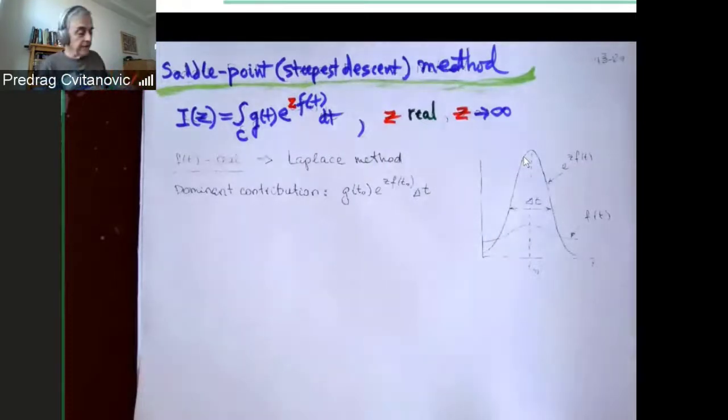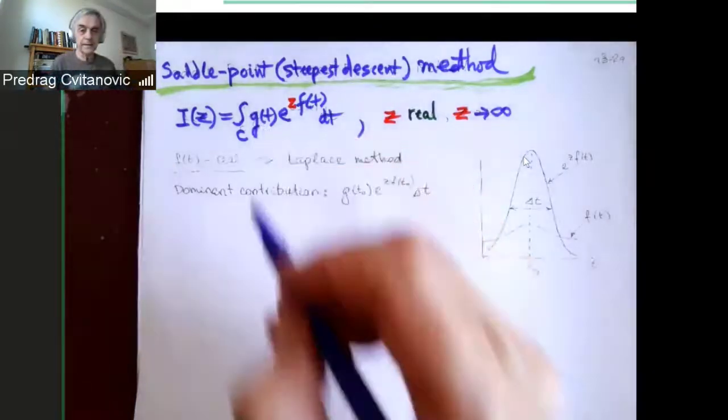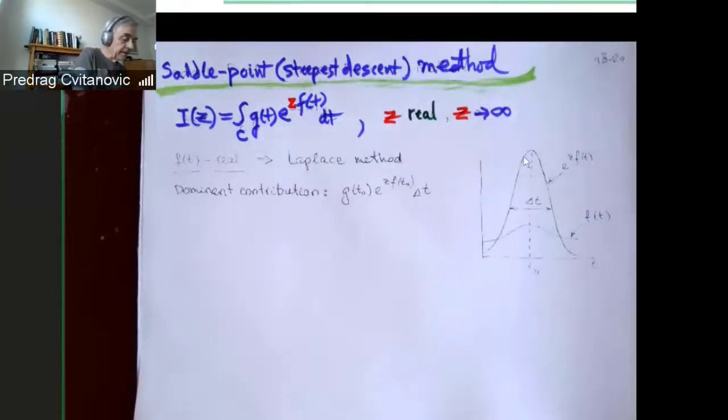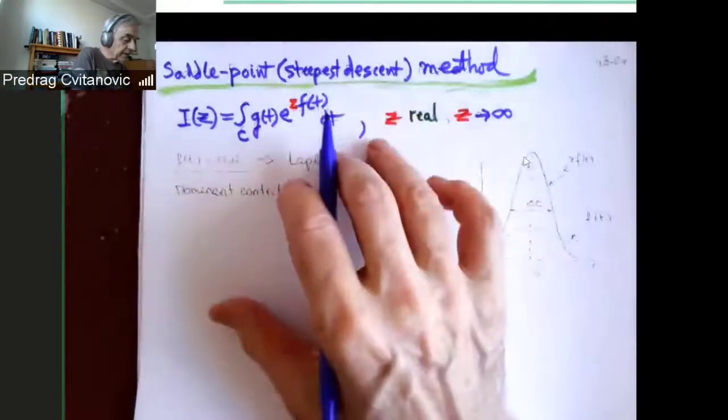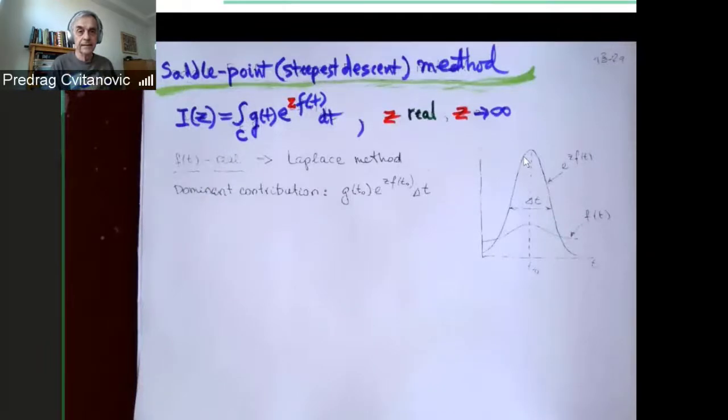Why do we do this? Originally, it came in because, for example, in Boltzmann statistical mechanics, the integrals tend to have this form where z is 1 over kT, k times the temperature.